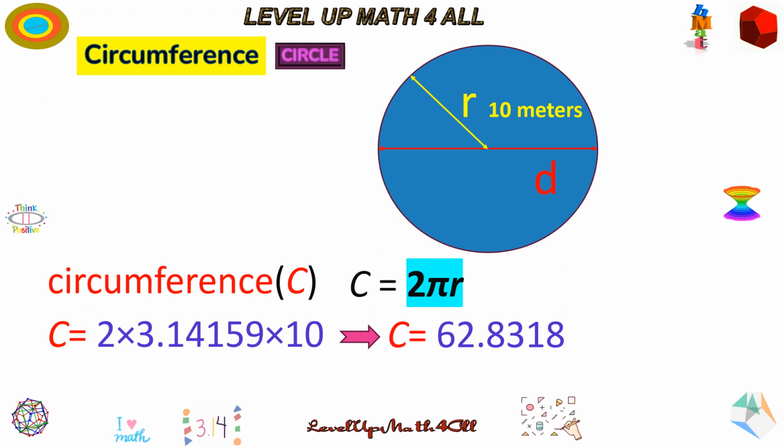Now let's substitute the values. C equals 2 pi r. 2 is a constant. We already know the value of pi is 3.14159, times the radius value, which is 10. That is 62.8318.